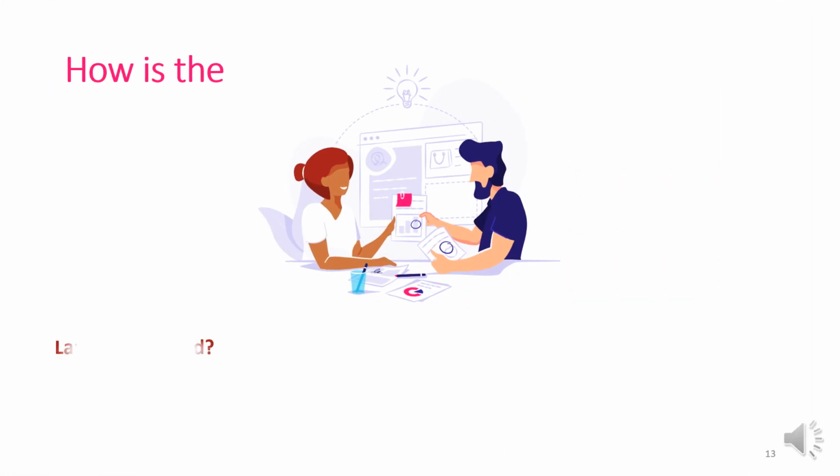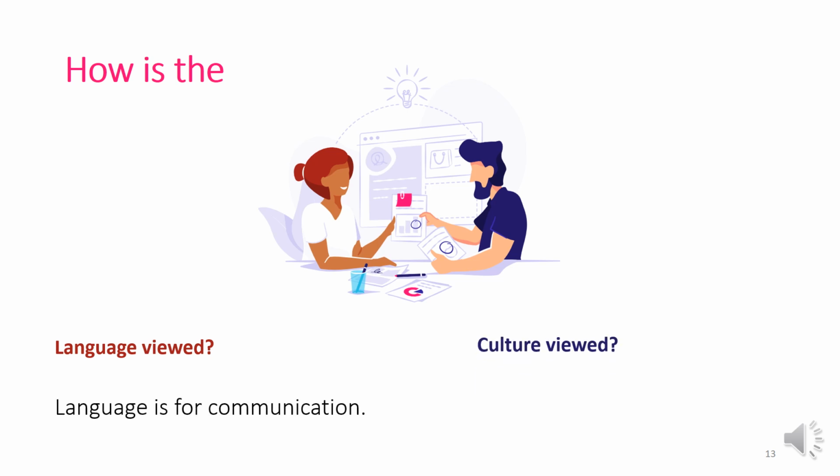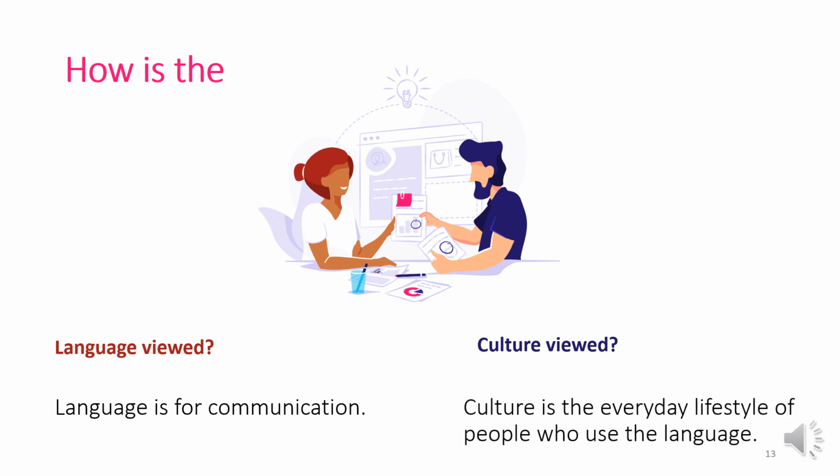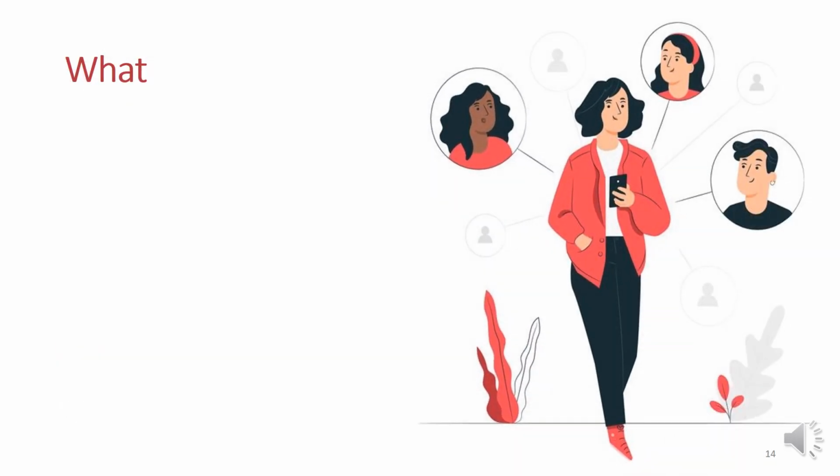So, how is the culture viewed and how is language viewed? Language is for communication, while culture is the everyday lifestyle of the people who use the language. This is as simple. Okay. And what areas of language are emphasized in communicative language teaching?